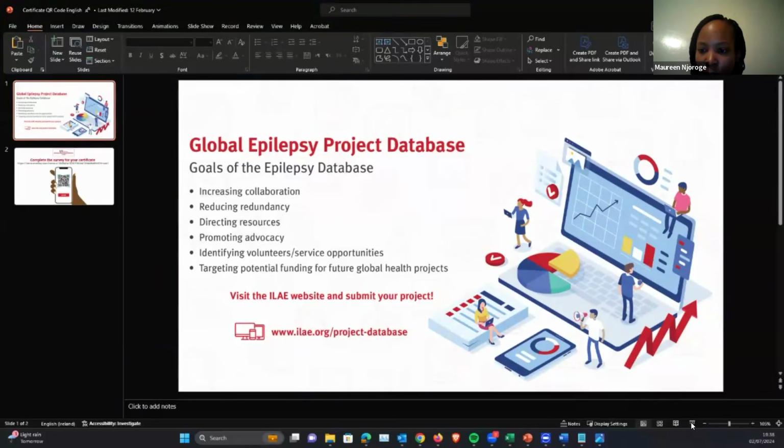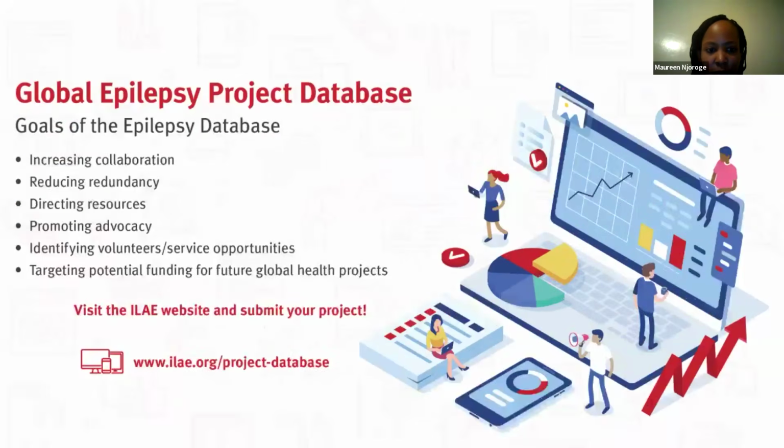To close, the Global Health in Epilepsy Project database provides a registry of existing epilepsy projects throughout Africa, the Eastern Mediterranean, as well as in other regions. It identifies information such as project location. The goals of the Global Epilepsy Project database are to increase collaboration, reduce redundancy, and direct resources.